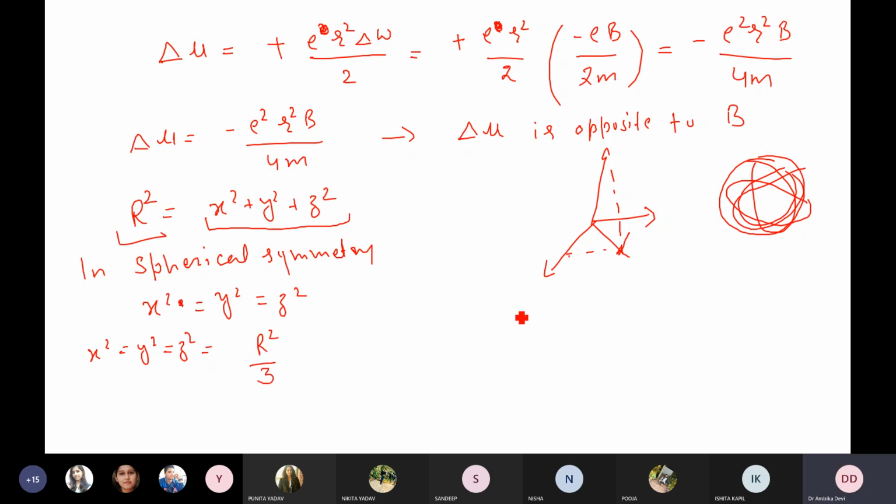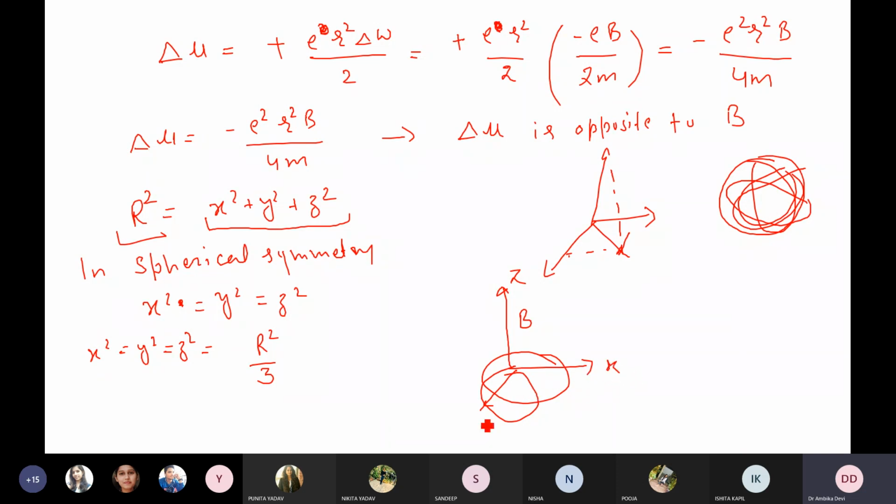Now what will happen when a magnetic field is applied? In this particular case, we are assuming that the magnetic field is along the z direction, and the orbitals are lying in the x and y direction, because the field will always be perpendicular to the plane of the orbit, right?